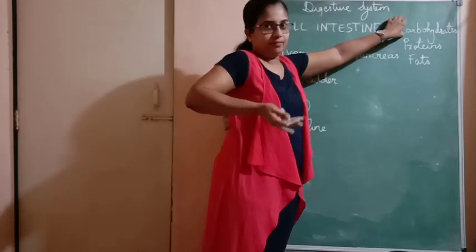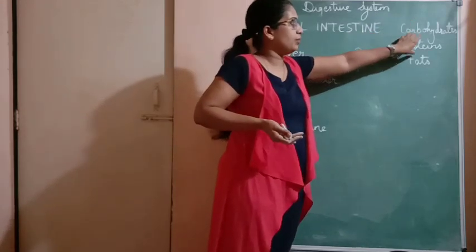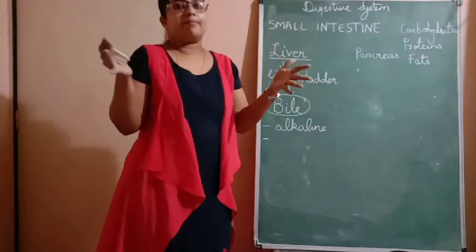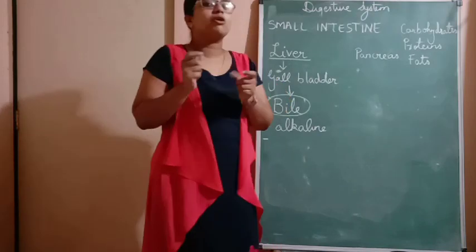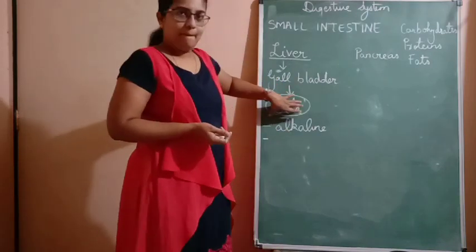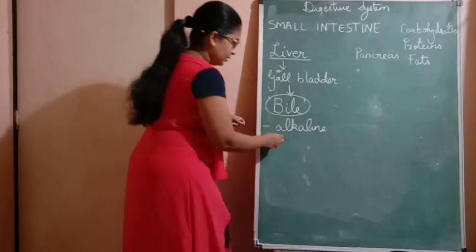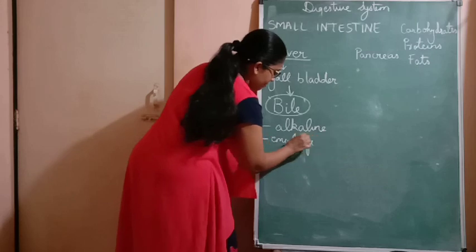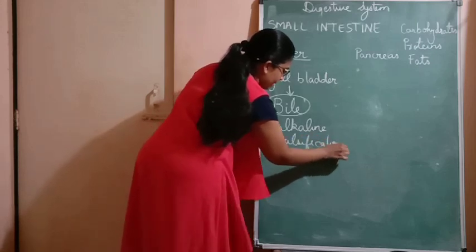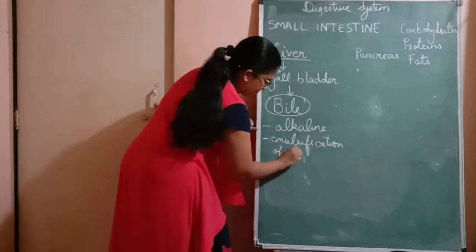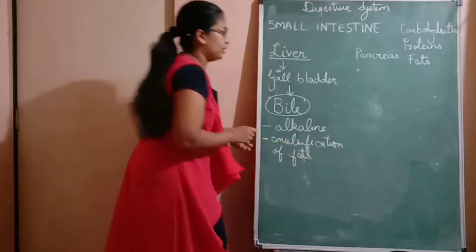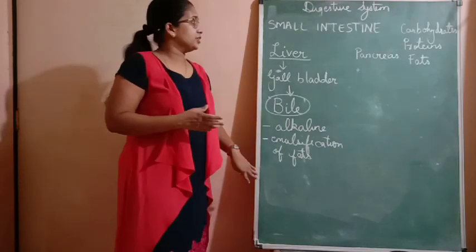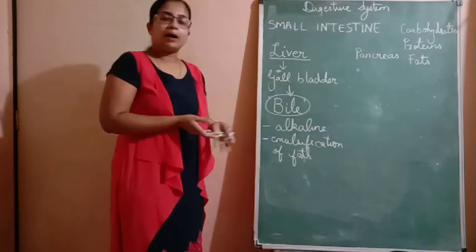Digestion of carbohydrates has started, proteins has started, and now we have the fats. The bigger fat molecules are broken down into smaller fat molecules by the bile. So that is the basic function. Therefore, this is how the liver plays a role in the digestion process and becomes a part of the digestive system.